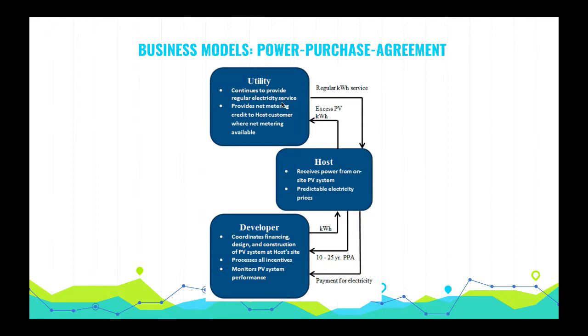So let me step back and say, when we go through a power purchase agreement and you're connected to the grid, it's not that you're not buying power from the grid anymore. My business is still buying power from the grid. But some portion of that power is coming from the solar panels, right? And the power that I'm getting from the solar panels, the utility will credit that to me, the host customer.